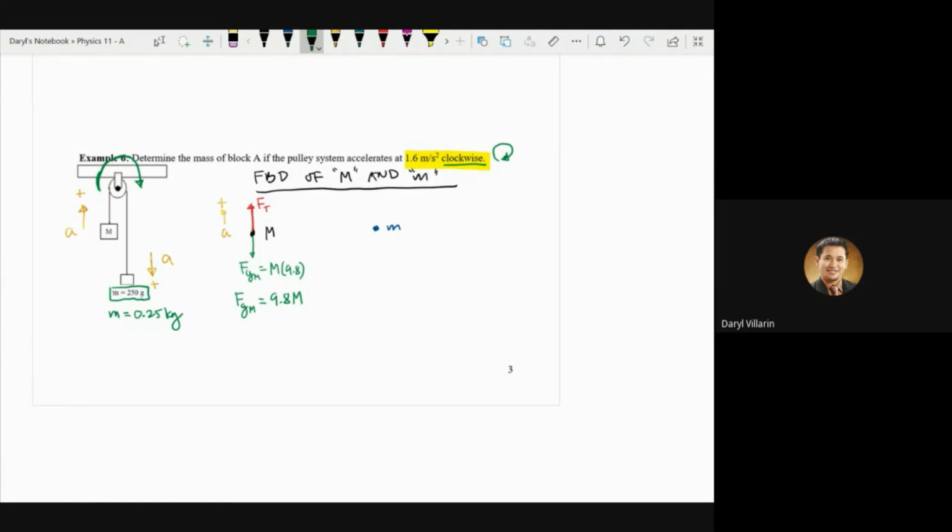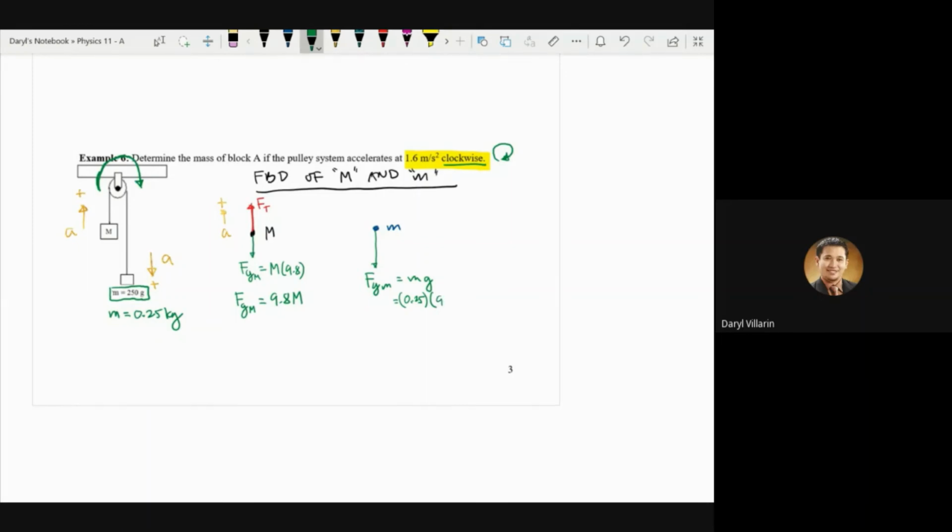So what are the forces acting on my small m? Well, you have here Fg small m, which is equivalent to small m times g, and I've been given the value of small m, that's 0.25. Again, you need to convert, because the standard unit of weight or force is Newton, okay?